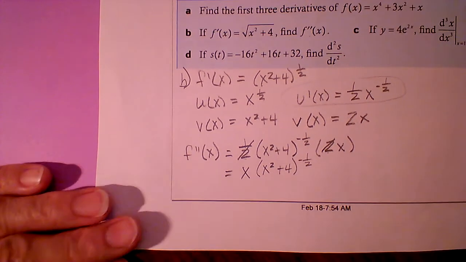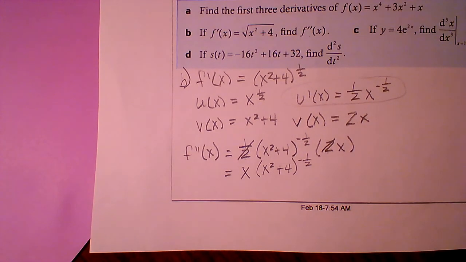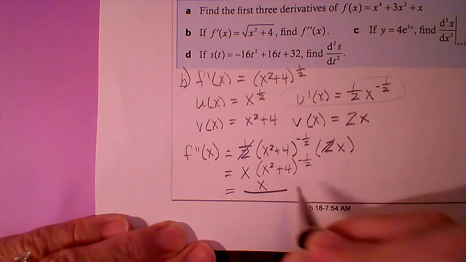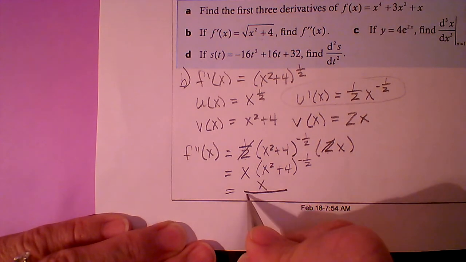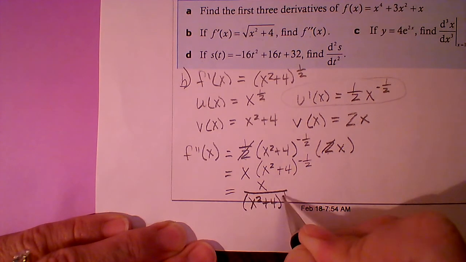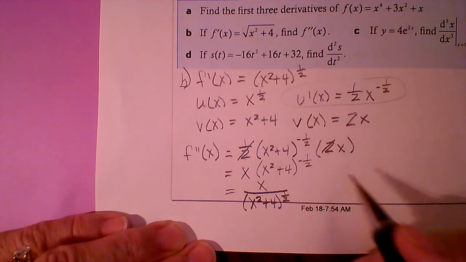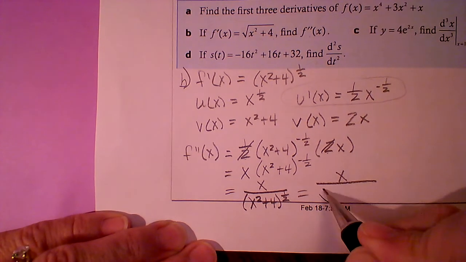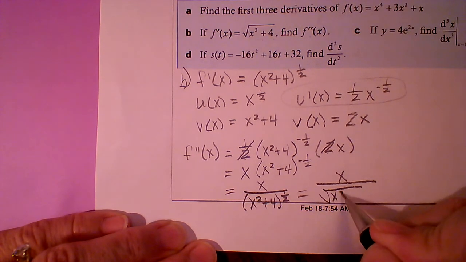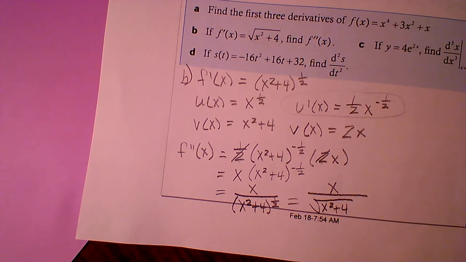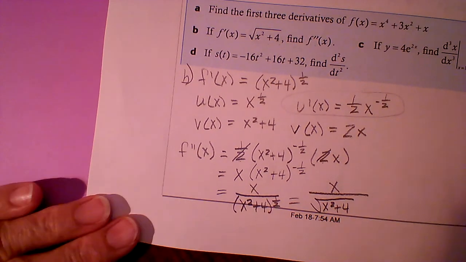We cannot leave it in unsimplified form with a negative exponent. So x remains in my numerator, and in my denominator I bring down the x squared plus 4 and change it to a positive 1/2. If you want, you can change it back to radical form. You do not have to change it back to radical form. Either one of these answers is acceptable.